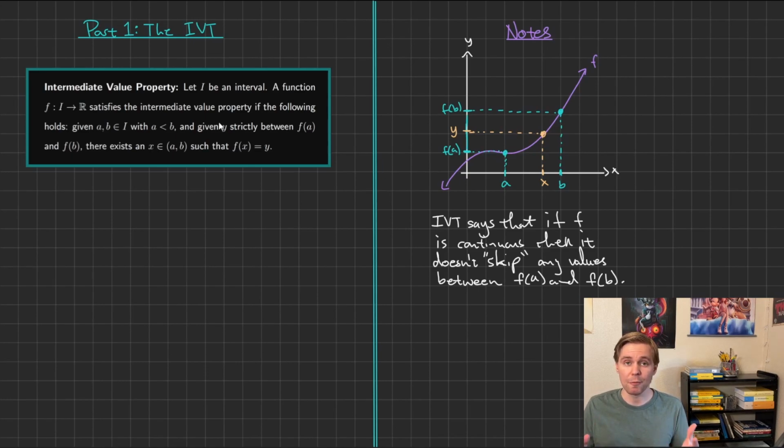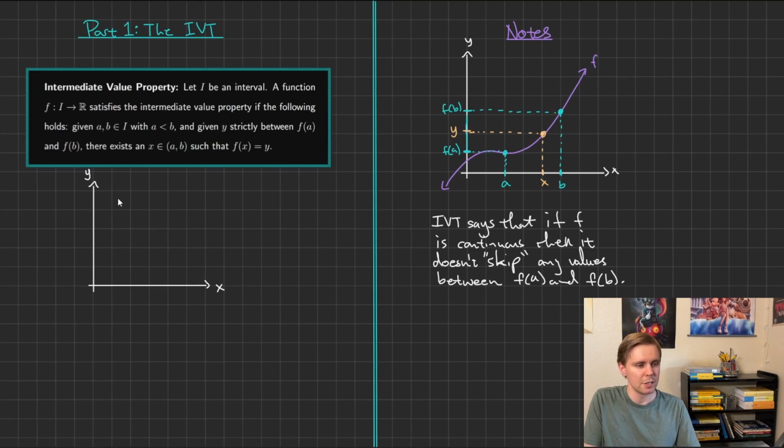Okay, so what is this saying? This is the formal way of describing that the function doesn't skip any y values. I'm going to make a new sketch, even though it's going to look very similar to the one we already have. I'm going to draw it again anyway, because we're not starting with a continuous function in this case.